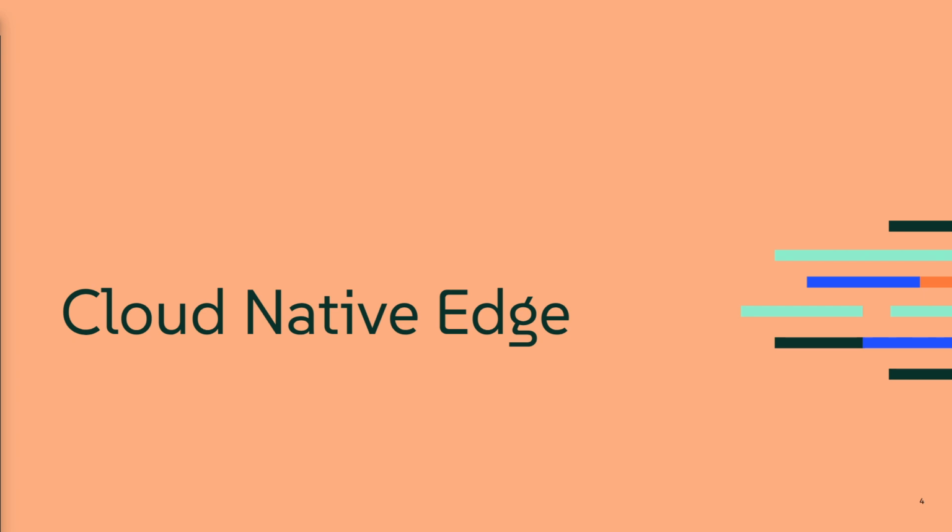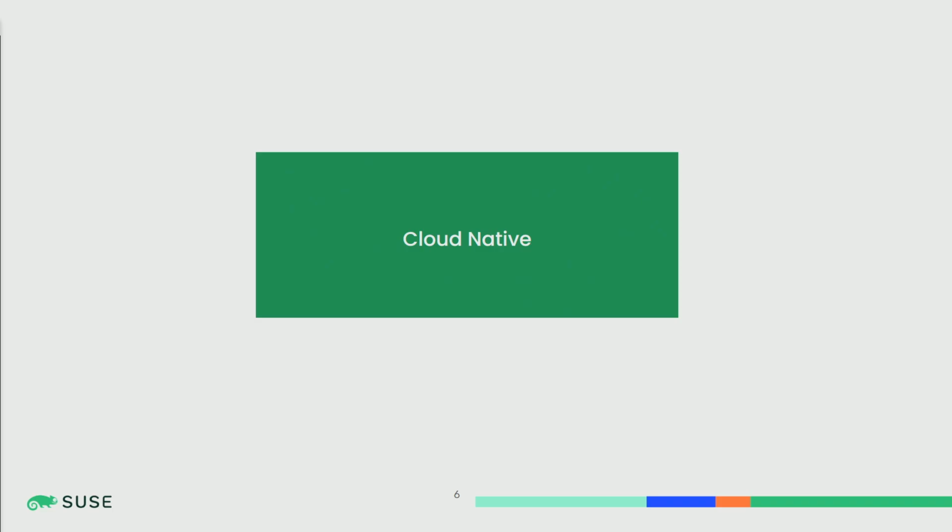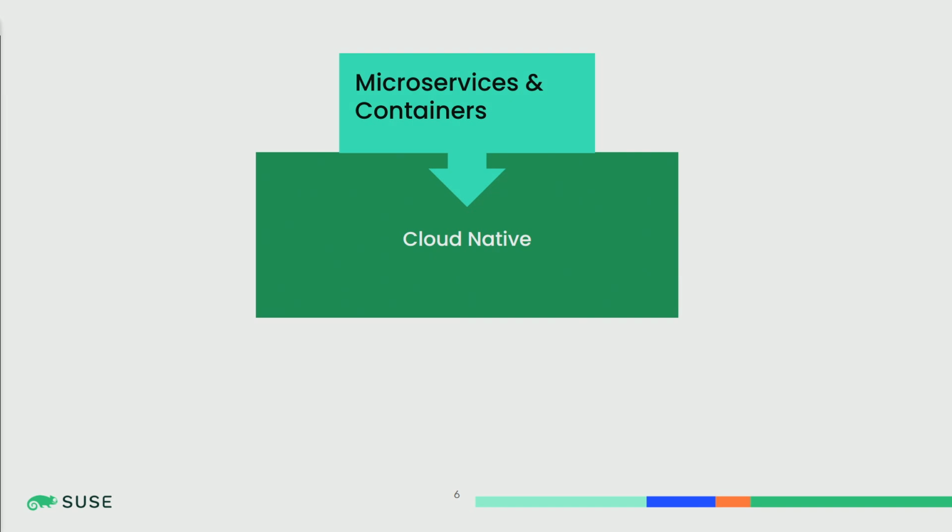At SUSE, we think one of the best solutions for implementing that is what we call the Cloud Native Edge. And what I mean by that, and why you should care, let's just very quickly discuss what Cloud Native means. I guess most of you have an idea, but just to set the stage a bit, the idea of Cloud Native is that, to oversimplify, you try to have the team that is implementing a certain feature own the whole stack.